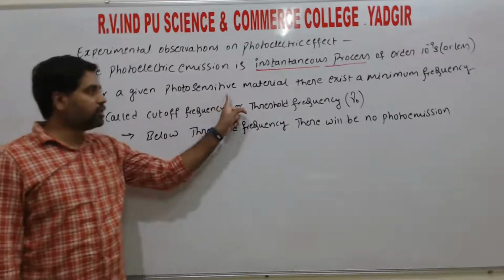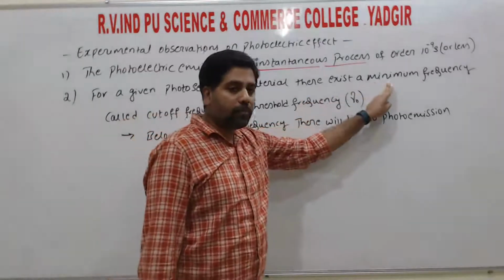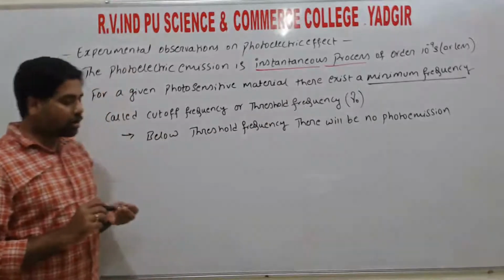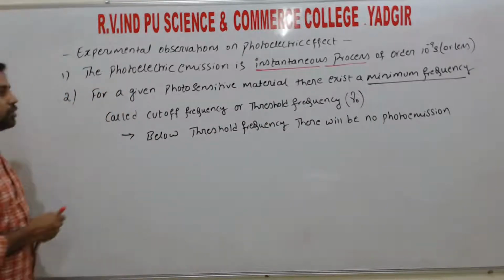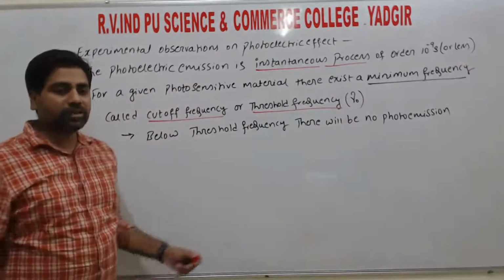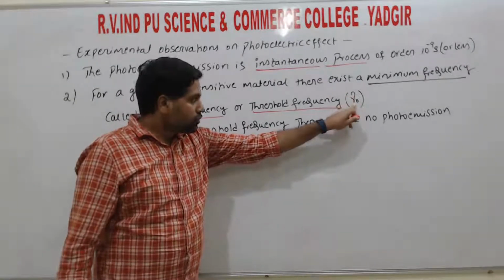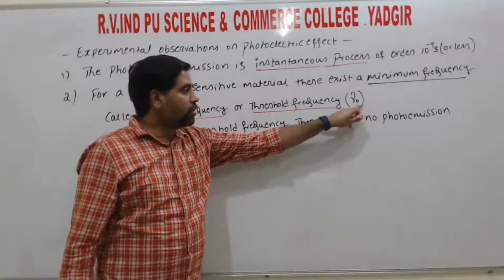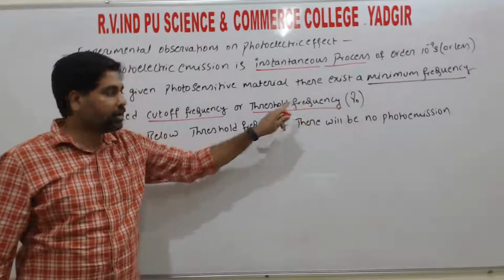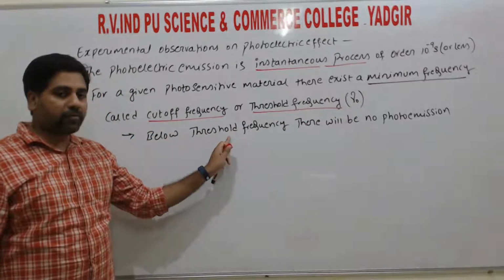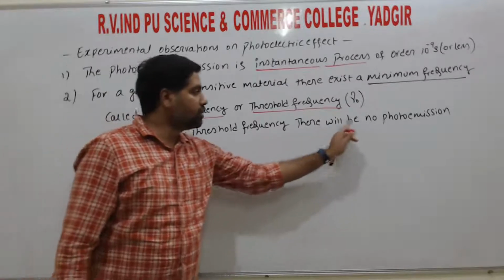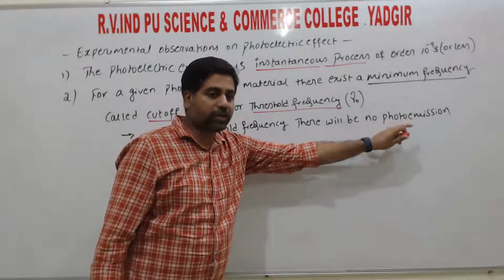For a given photosensitive material, there exists a minimum frequency, which we call the threshold frequency or cutoff frequency, denoted by nu naught, where 0 is in the suffix. Below the threshold frequency, that means nu is less than nu naught, there will be no photoemission, right?